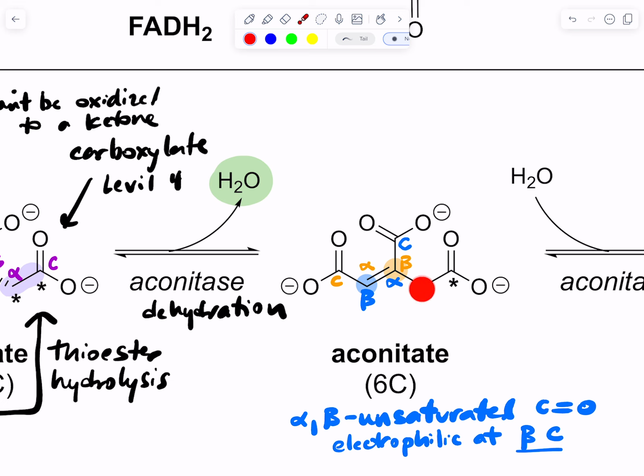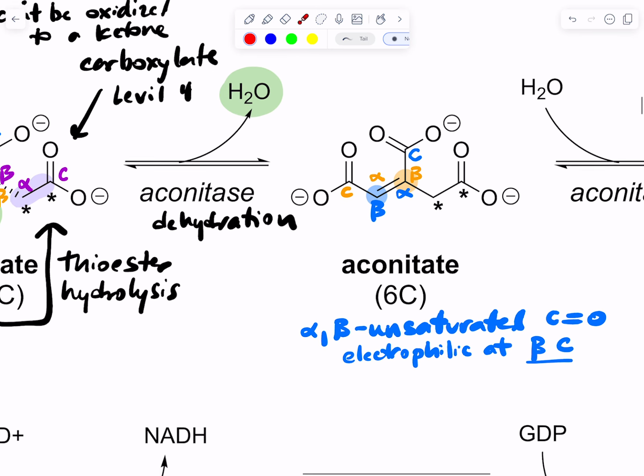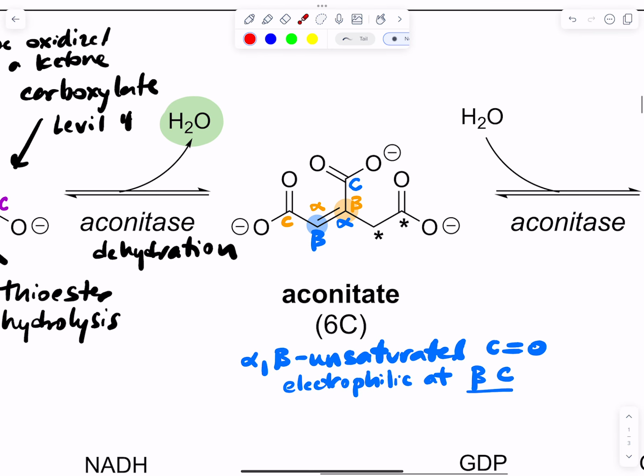Does this also count as a beta carbon? It certainly does, though it doesn't have the double bond between alpha and beta carbons, so it doesn't participate in the reaction. Good. So in this molecule you've got two carbons that can receive nucleophiles. Alpha beta unsaturated carbonyl compounds are electrophilic at the beta carbon.